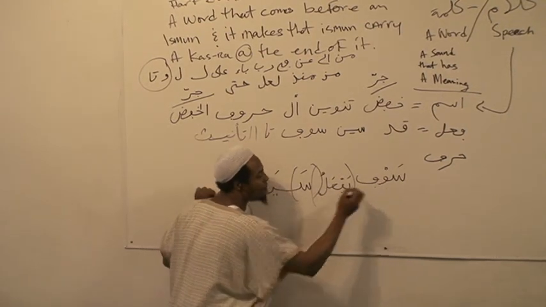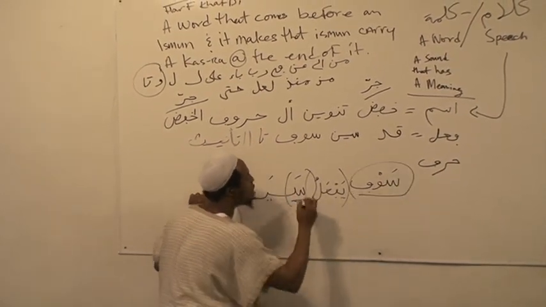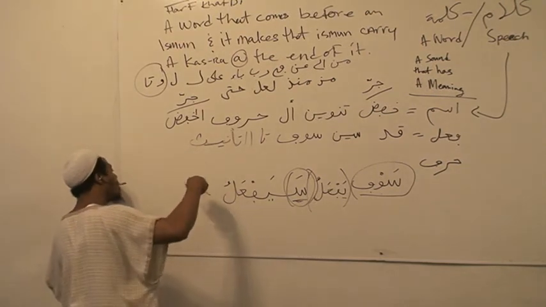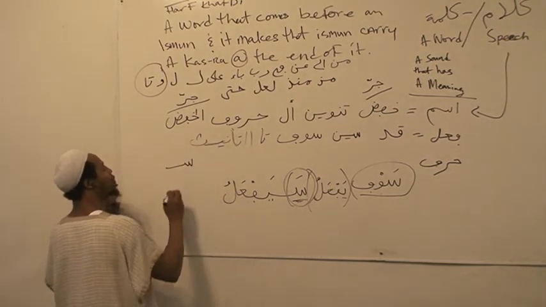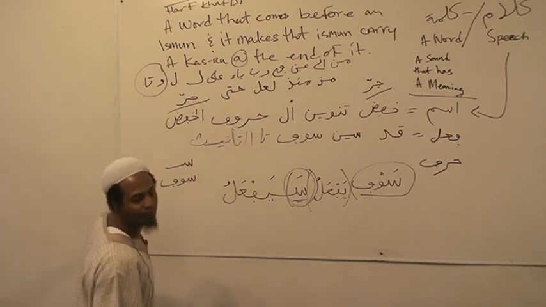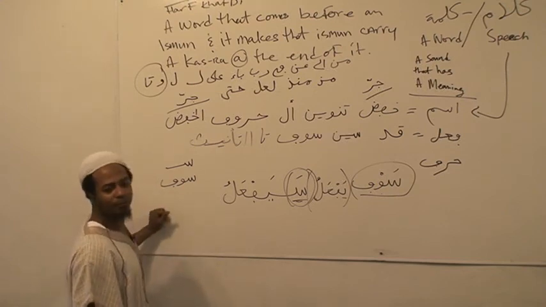Sawfa and sa both mean basically the same thing. But remember, in Arabic, more letters, more meaning. So sa means I will, and sawfa means I will, but not right away. Okay? I will, but not right away.